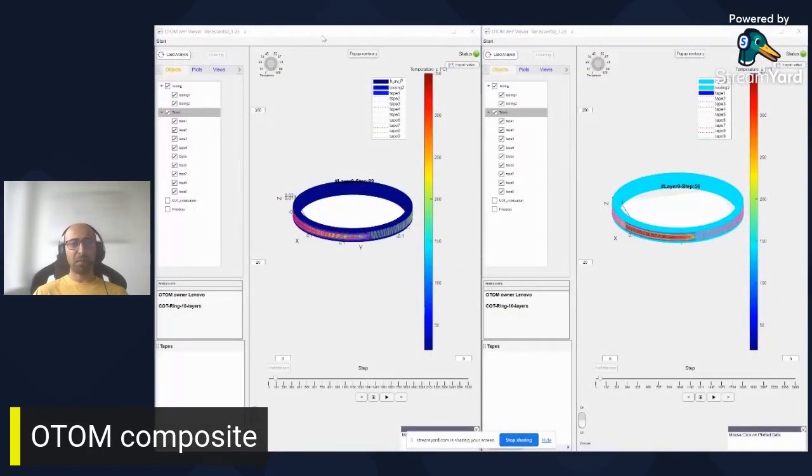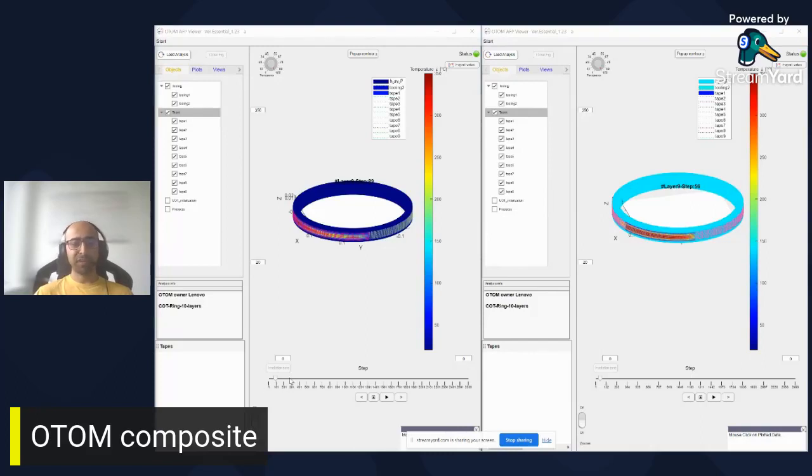So these are the examples. On the left side, you will see the ring with the base temperature of 20 degrees Celsius. And on the right side, you will see the base tooling temperature of 140 degrees Celsius, which is fixed.